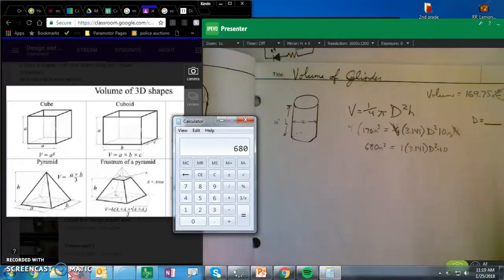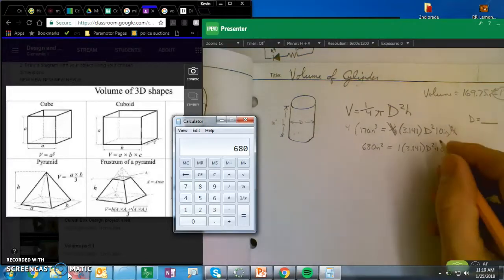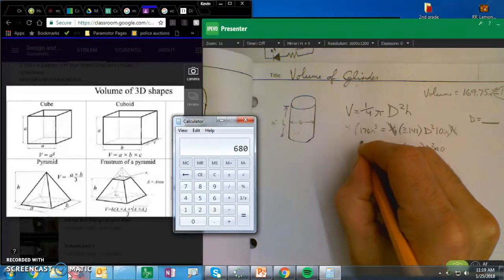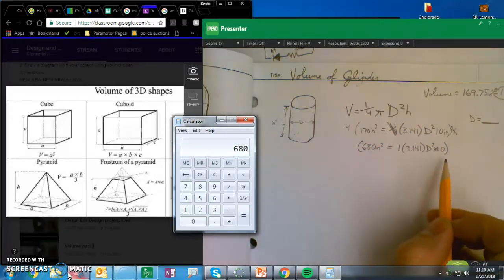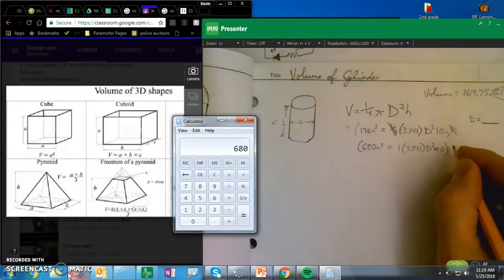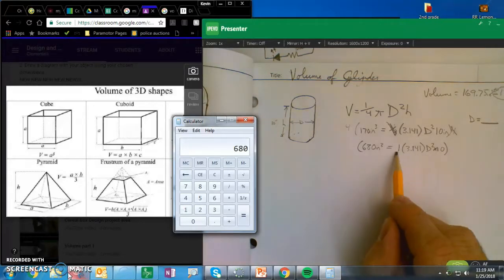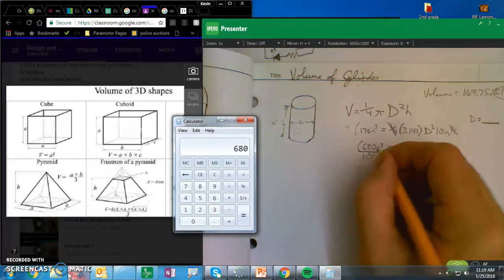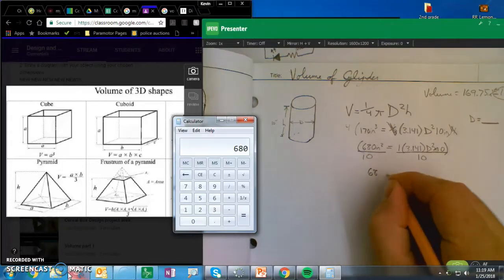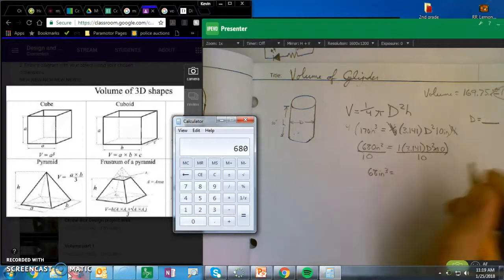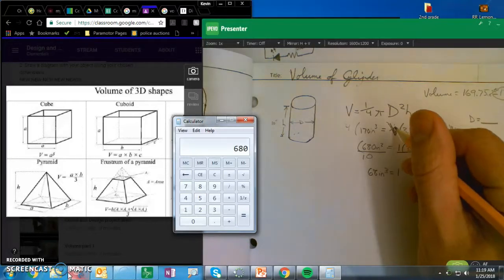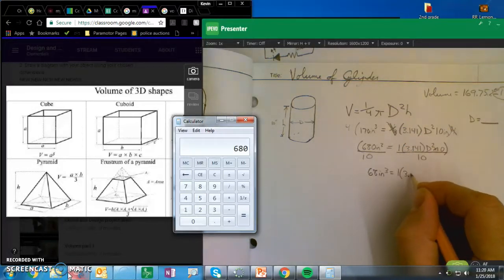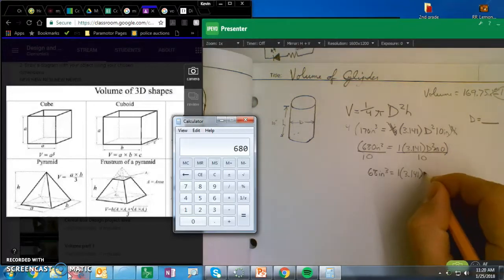Now that we have our problems set up, our next step, we're going to divide by 10. So for this, we're just going to divide the entire thing by 10. This becomes 68 inches cubed equals 1, which is my 1/4, times 3.141 times d squared.